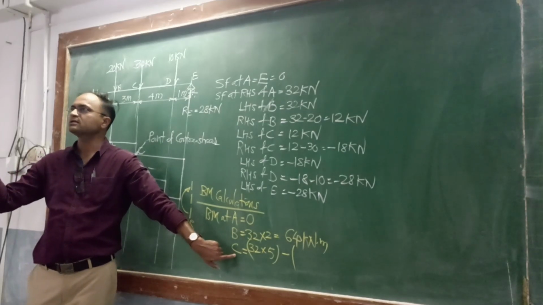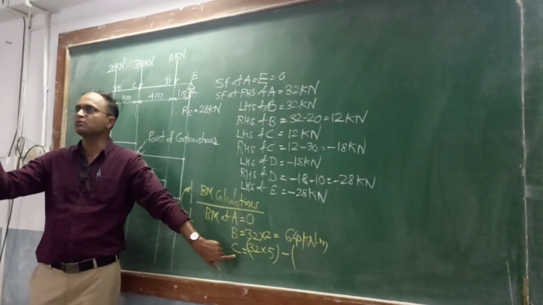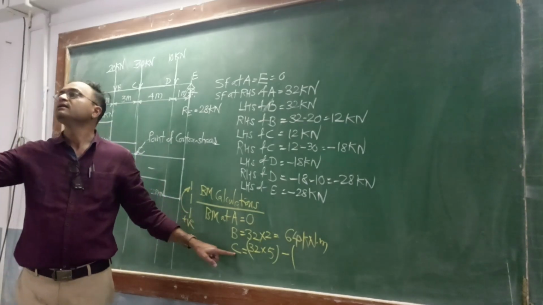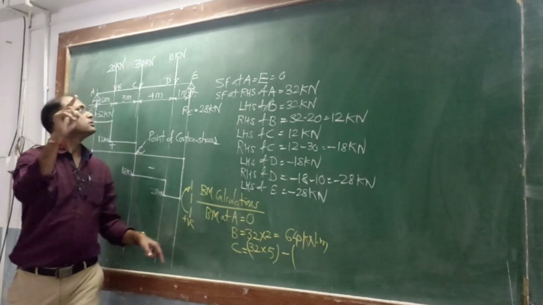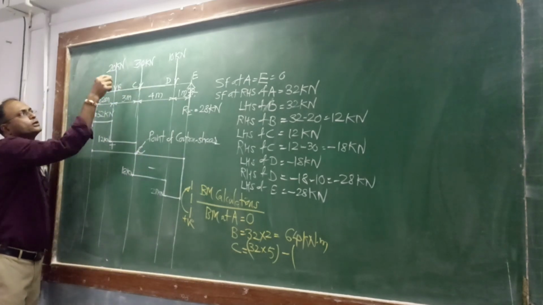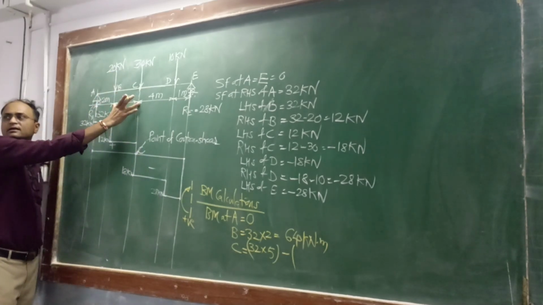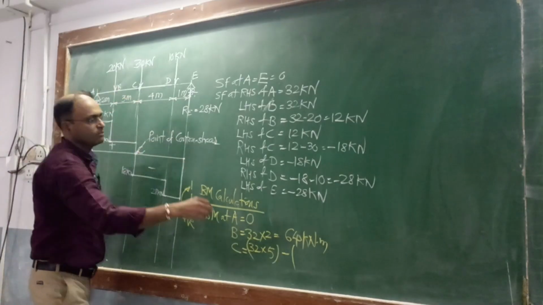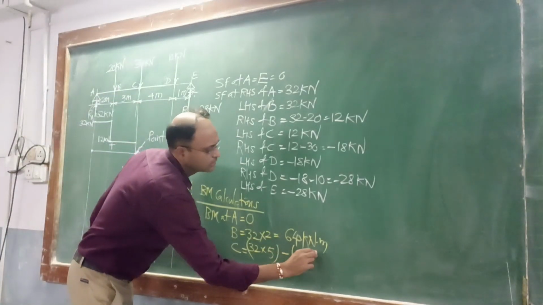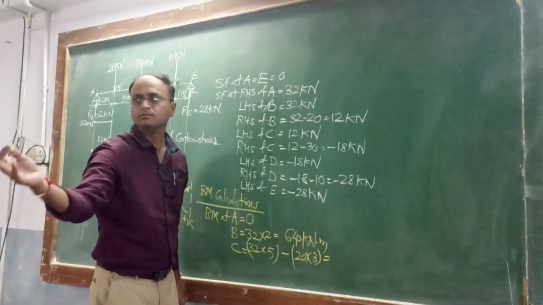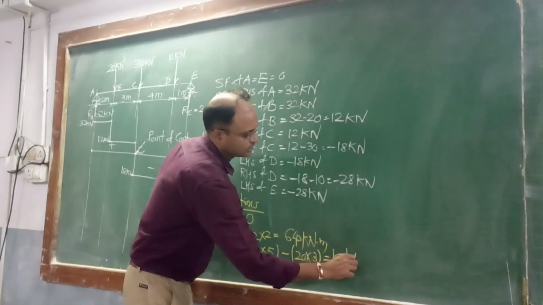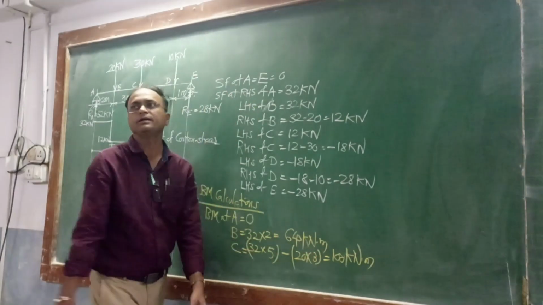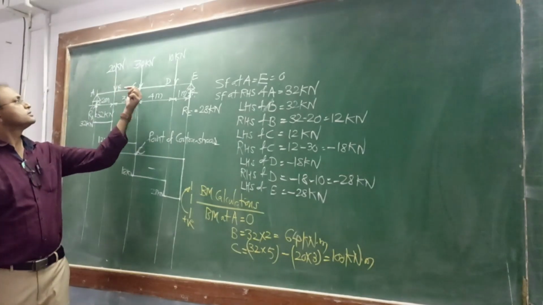Are you all clear on this? So the distance between point C and the 20 kilonewton force is 3. So that's why this value will be minus 20 into 3. How much? 100. 100 kilonewton meter moment at point C.